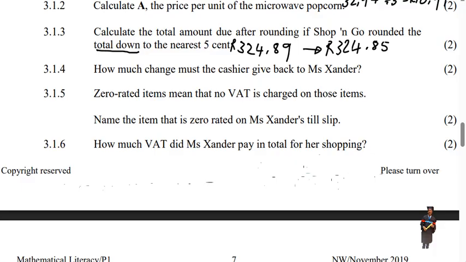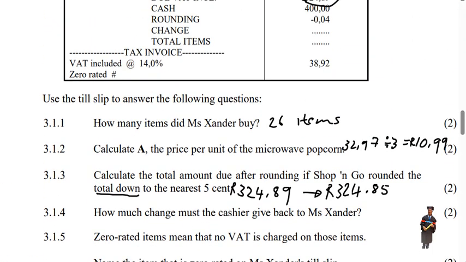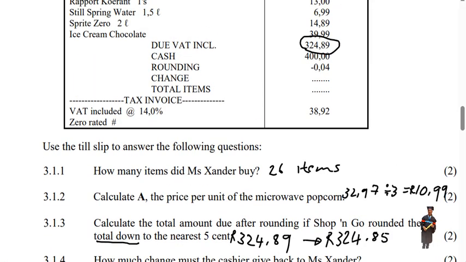Okay, now 3.1.4 they say how much change must the cashier give back to Miss Shanda. So the change is calculated based on the money. Please make sure that you understand this.